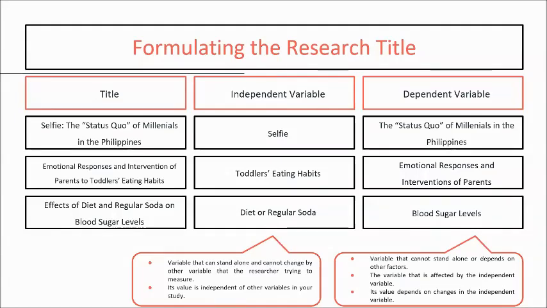Do you have any questions about our independent and dependent variable? None? Okay, so let's proceed. Okay, so that is writing a research title. Again, so as early as now, if you think what research title you want to write, kung ano yung gusto nyo isulat, so see to it that you have the independent and dependent variable, huh?